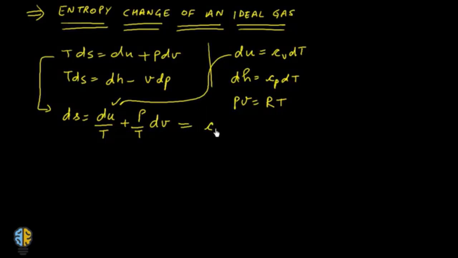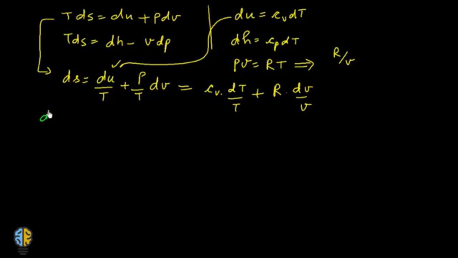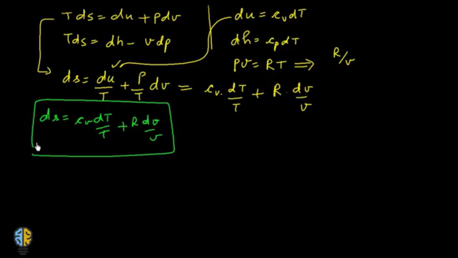So this would become Cv into dT upon T. Now P upon T, from this equation, is equal to R upon V. So this would become plus R into dV upon V. So after manipulating all these things, it becomes dS is equal to Cv into dT upon T plus R into dV upon V. So this is the entropy change when the system goes from state 1 to state 2.